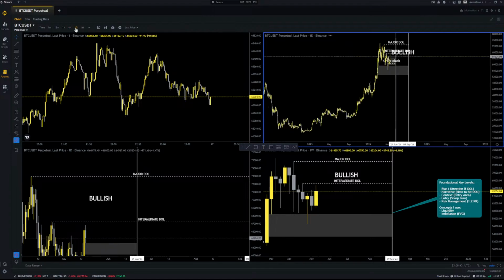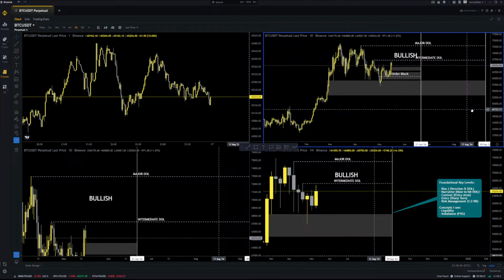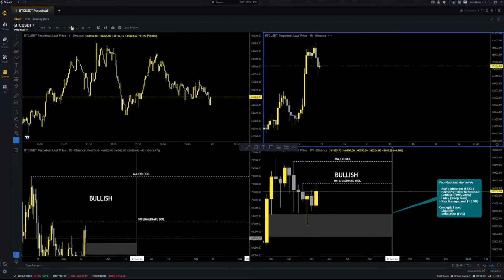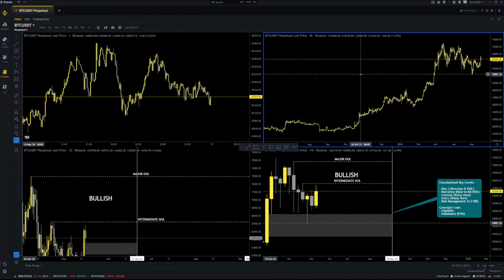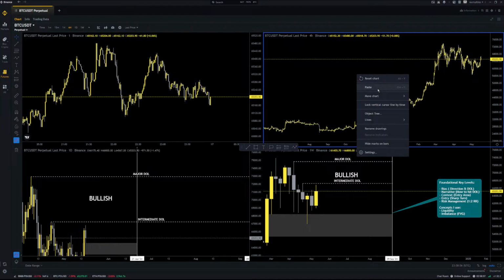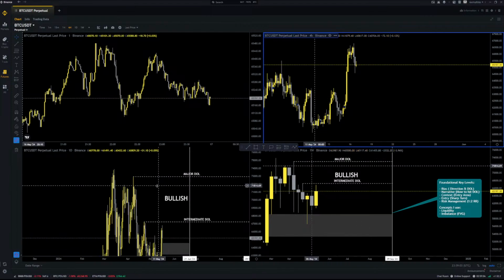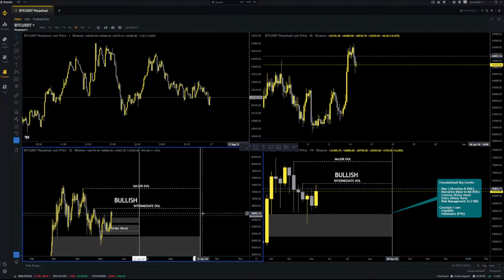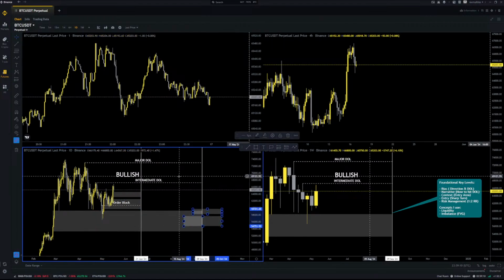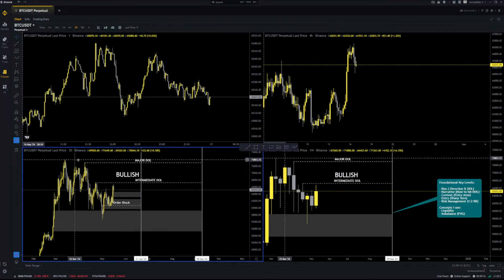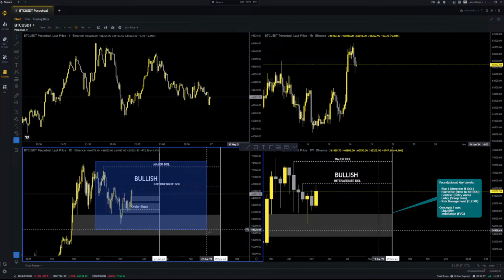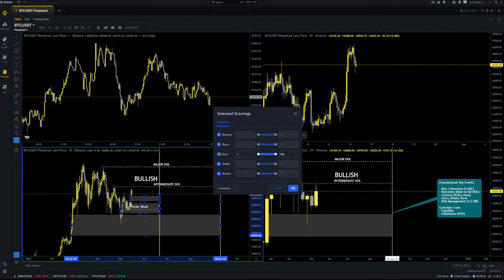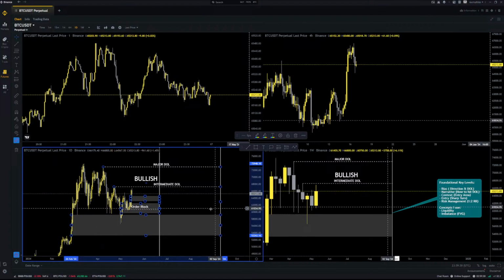Yeah, let's check on our 1 hour. Yep, we see these are defined parameters. Yeah, this is not good.